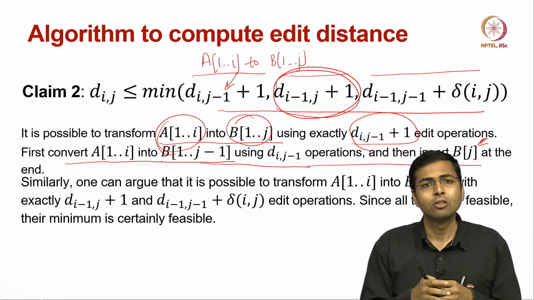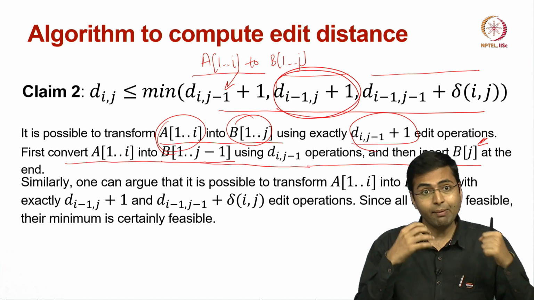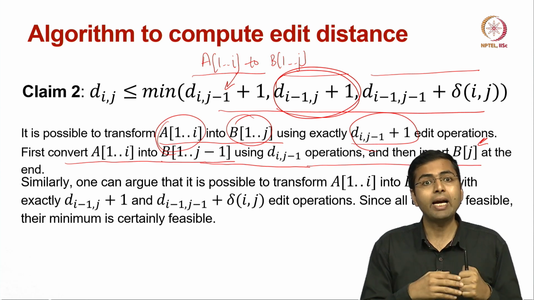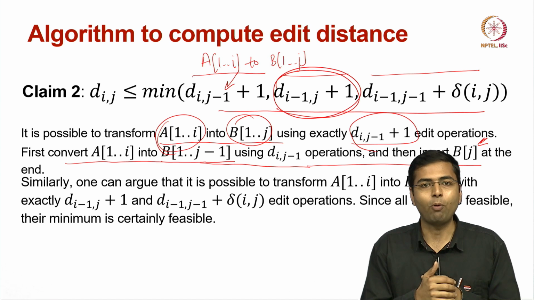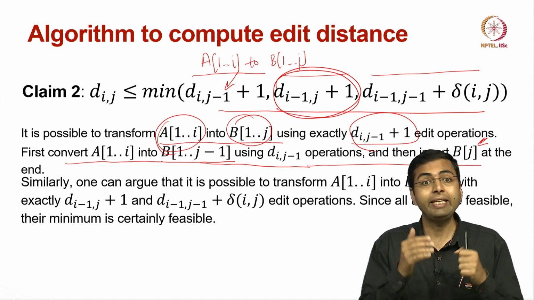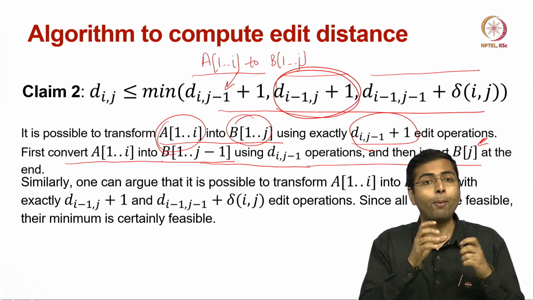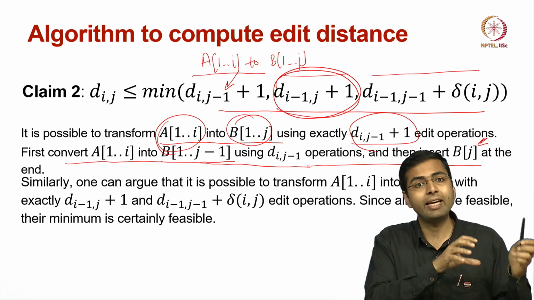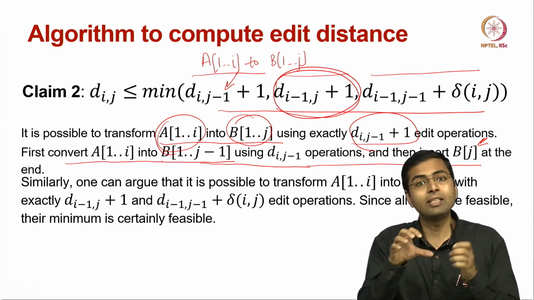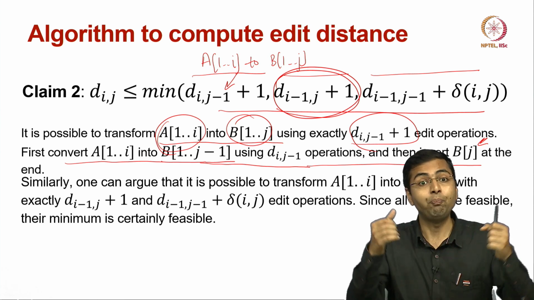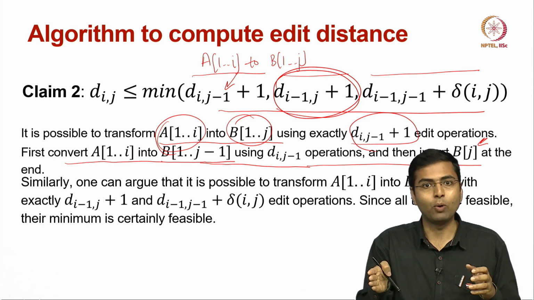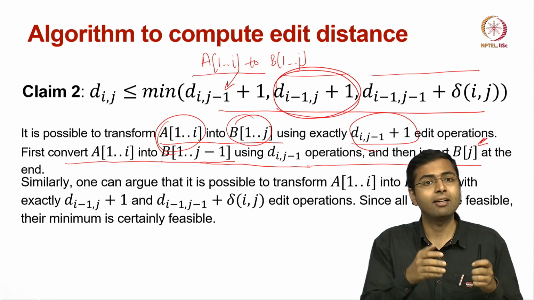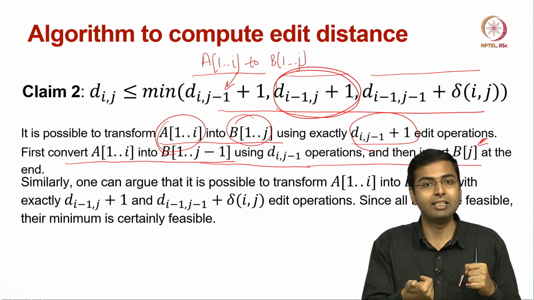Because D_ij captures the minimum number of edit operations, D_ij must be less than or equal to the minimum of these three.